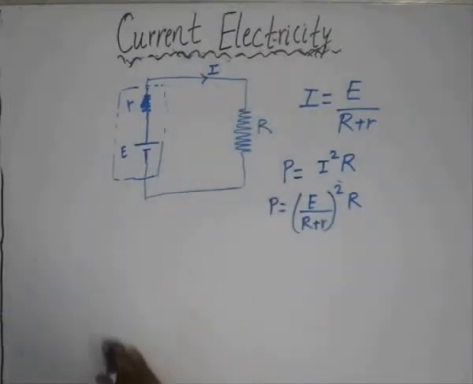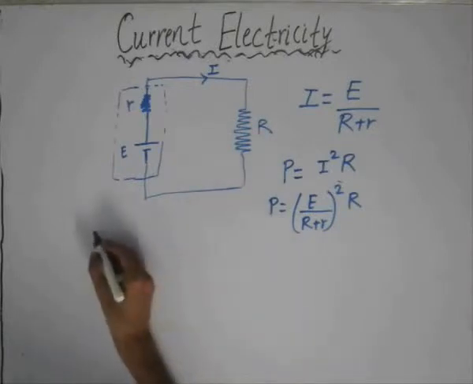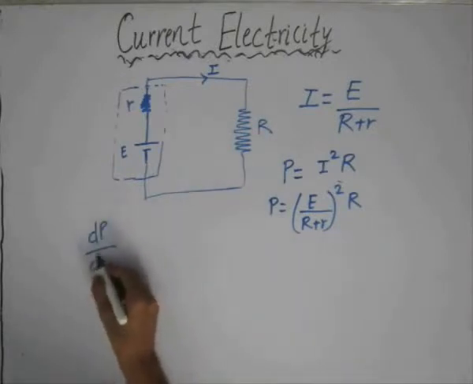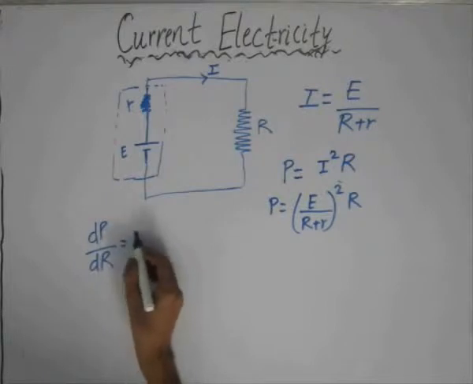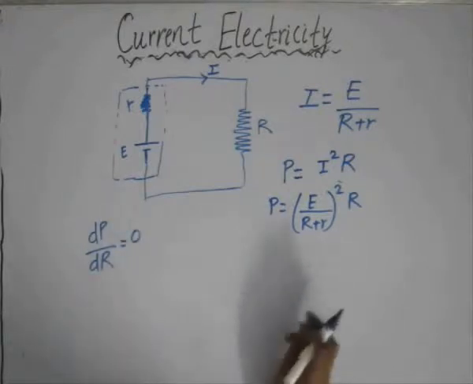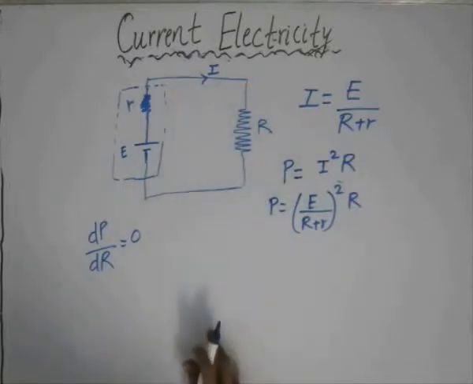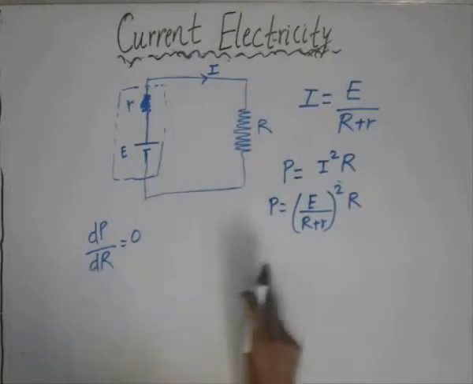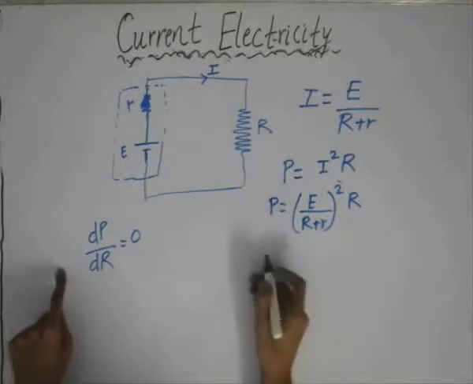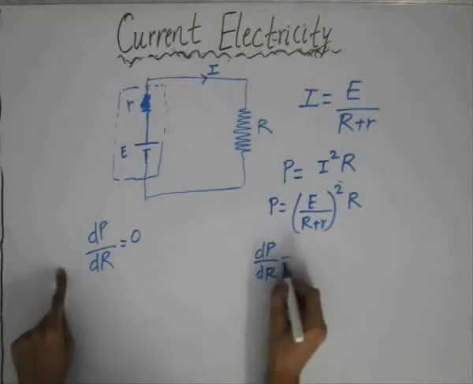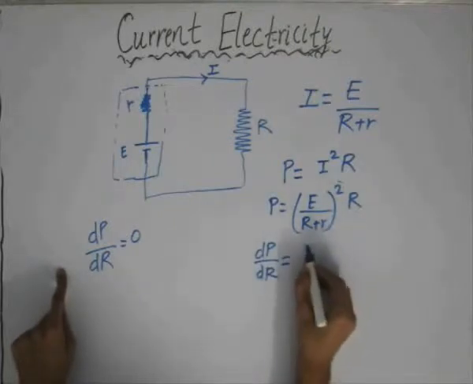In order to maximize the power, analytically we will differentiate this with respect to R and equate it to 0, so that we can get a value of capital R that will maximize the power delivered to it. If we differentiate this expression with respect to capital R, we get dP by dR equal to the derivative.